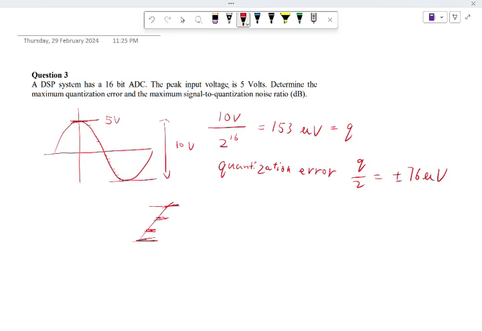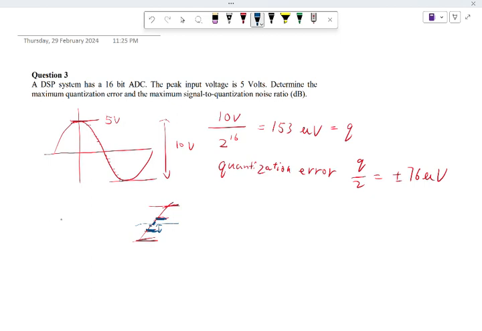If your real voltage is sitting here, it can be regarded as this voltage level, or if it's here, it can be regarded as this voltage level. The maximum error you can get is half, right? Sitting in the middle, it may be taken as this one or the lower one. So the quantization error is actually half of the interval. That's why it's halved.